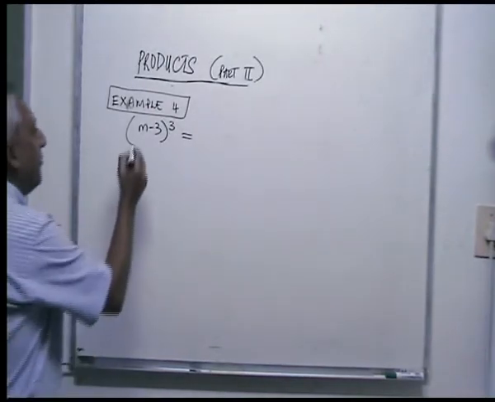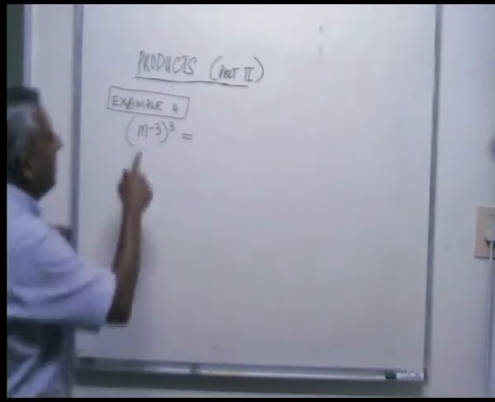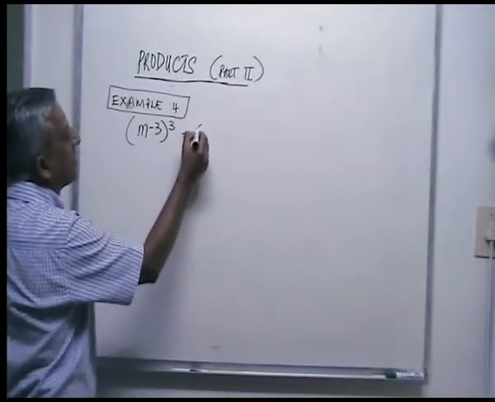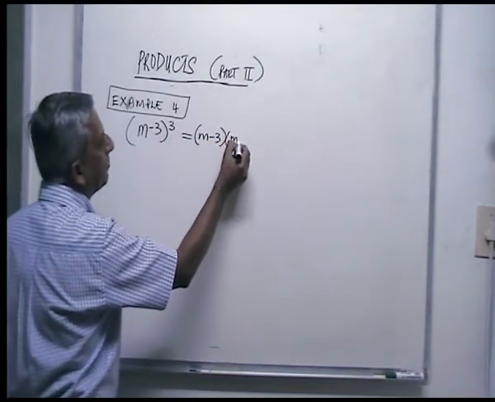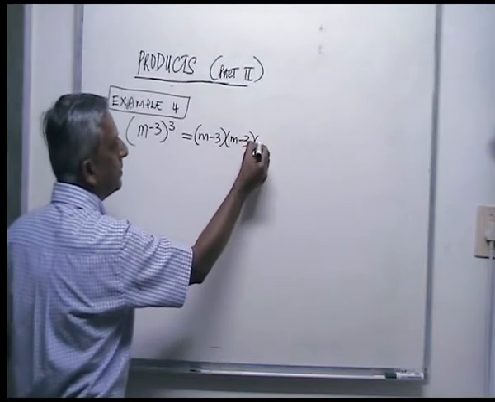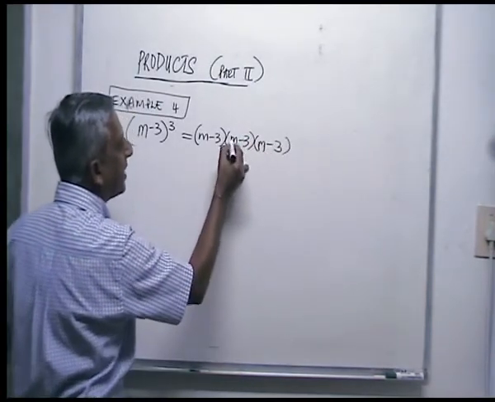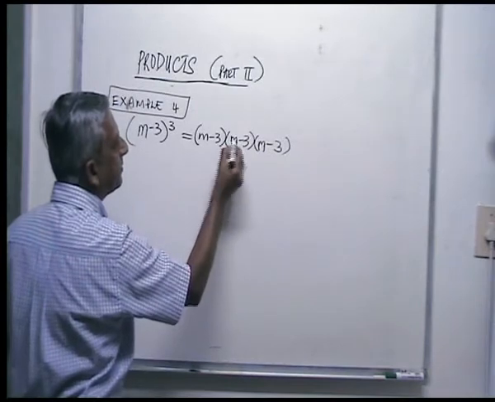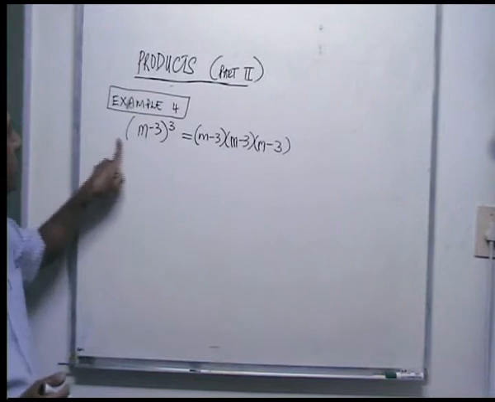Right. Now just relax and follow. Just be calm, relax. So it's 3. Therefore, I must write the bracket 3 times. So that's very easy. Just write the bracket down 3 times. Step 1. m minus 3 all cubed.